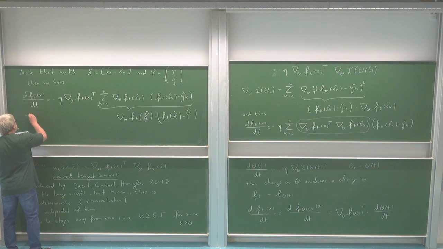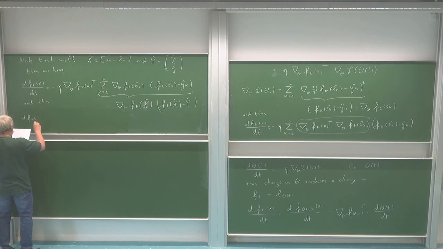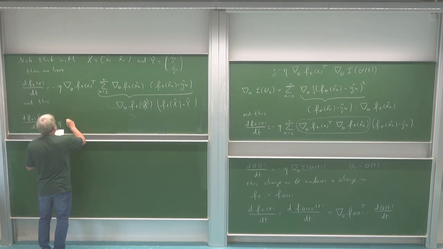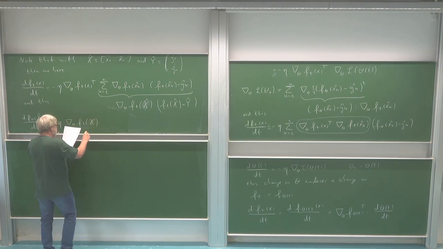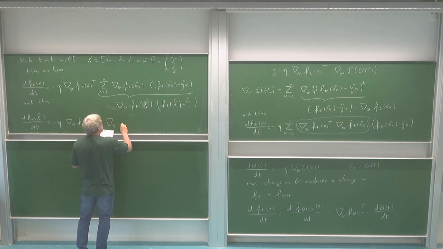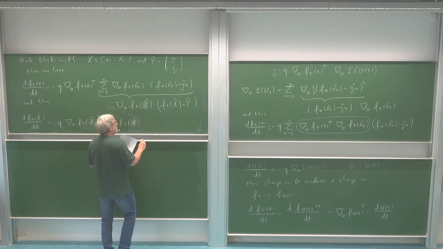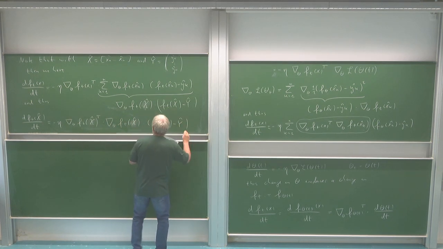And thus I can also write that d f_t of my matrix x hat with respect to dt is minus eta times the gradient of f_t, but here I have now this data matrix transposed, multiplied with the gradient of f_t at x hat, and then multiplied with f_t of x hat minus y hat.